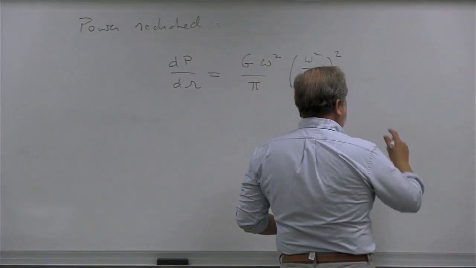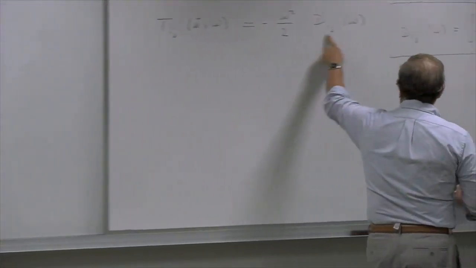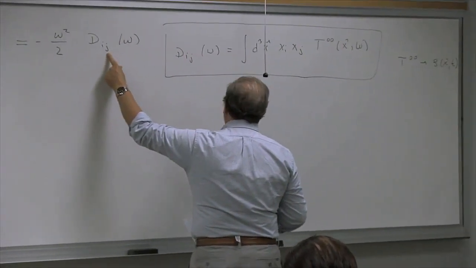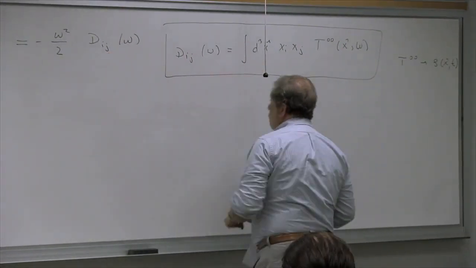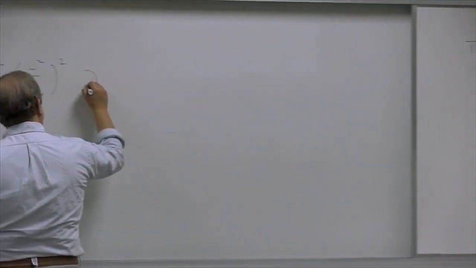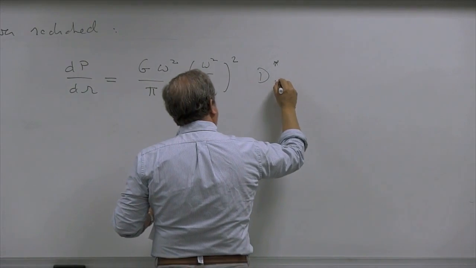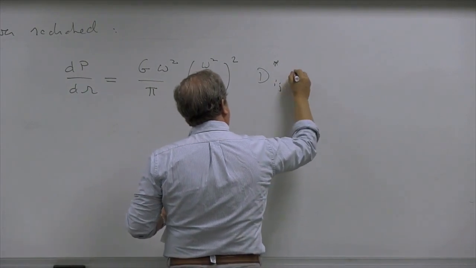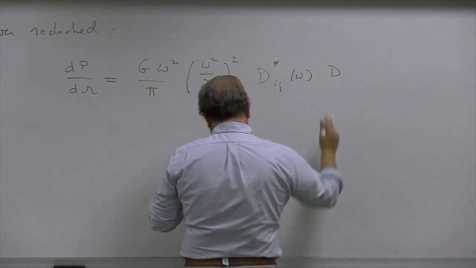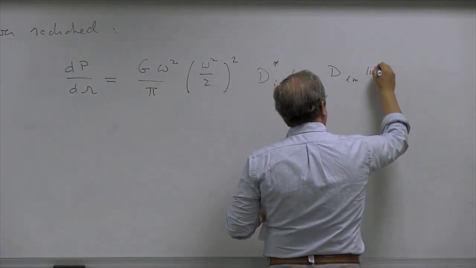And then instead of having the T's or the T_ij's, we can replace those by this relationship with the D_ij, which is this quadrupole moment. So let's write that out here. So it's D star_ij of omega times D_lm of omega.